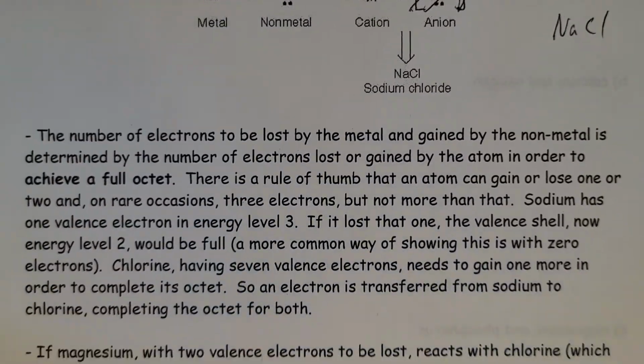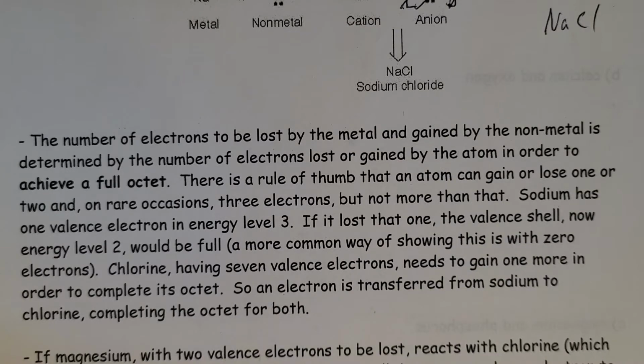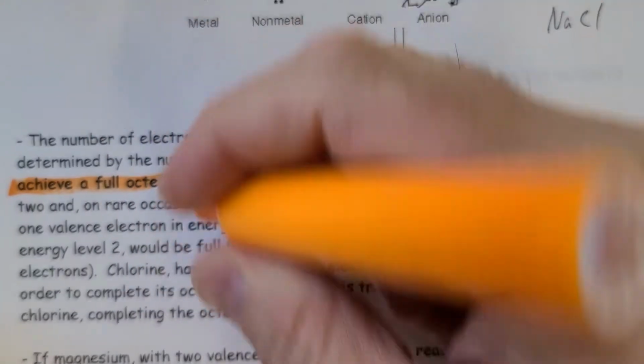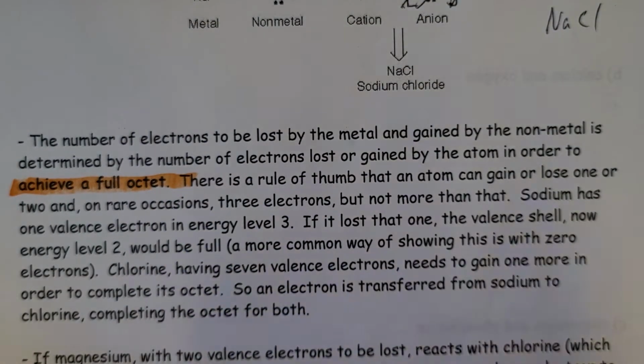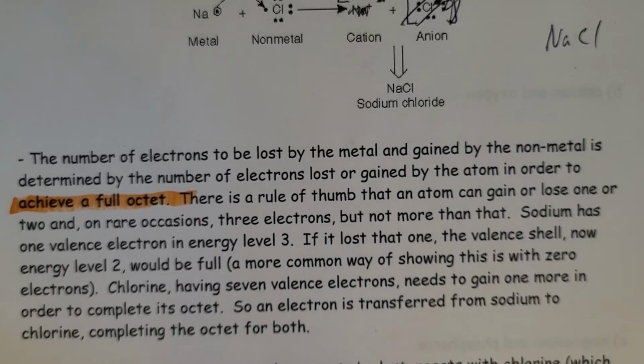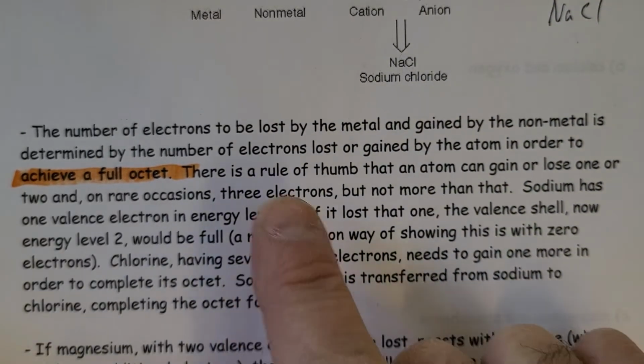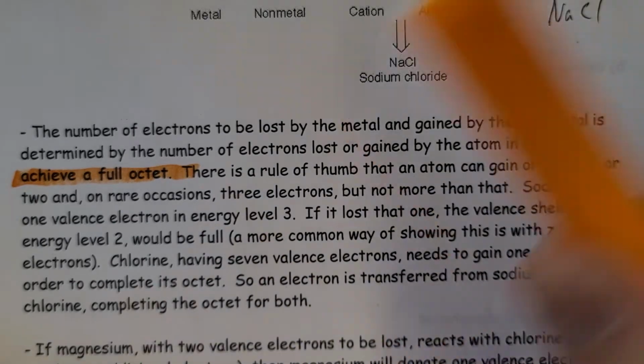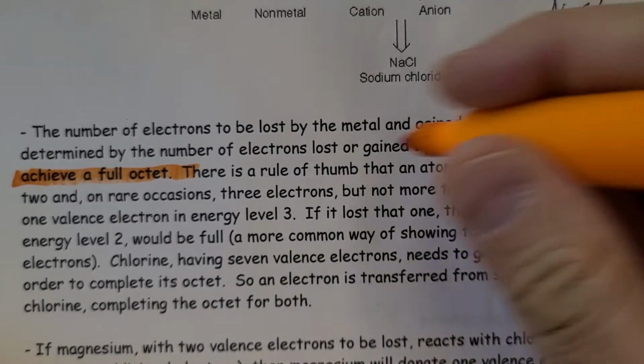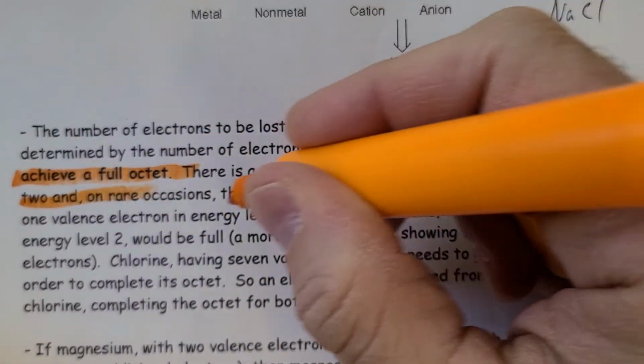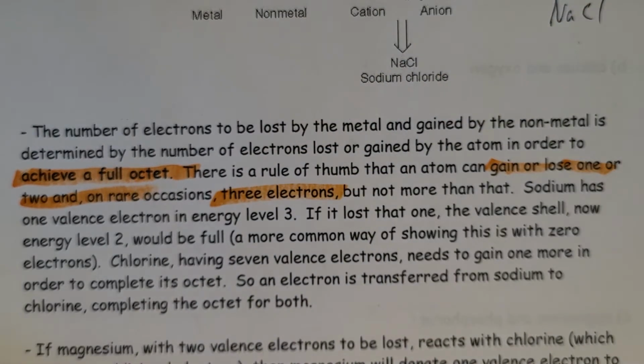So the number of electrons to be lost by the metal and gained by the nonmetal is determined by the number of electrons lost or gained to achieve a full octet. So sodium loses one, so that the level below it is considered full, whereas chlorine gains one. There's a rule of thumb that an atom can gain or lose 1, 2, or on rare occasions maybe 3, but usually not more than that.